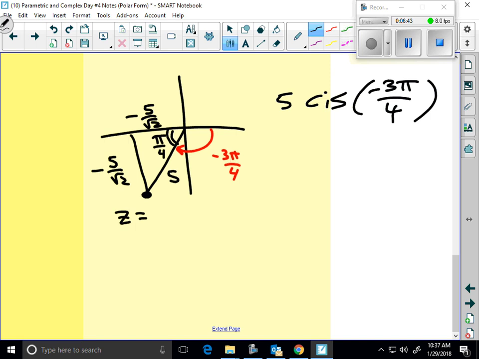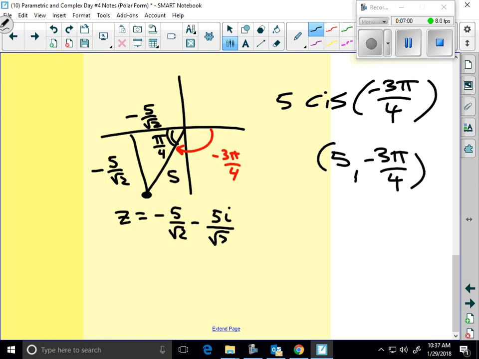If I had written this, then we know it's real. The other one's cis, therefore it's complex. So this point would be negative 5 over root 2 minus 5i over root 2. Minus, right, in the third quadrant. It's left, it's down. Third quadrant.